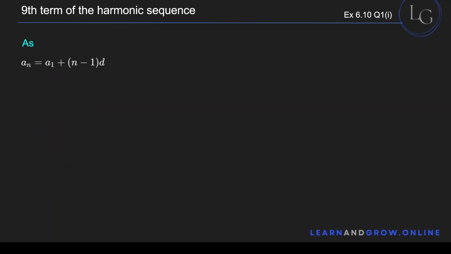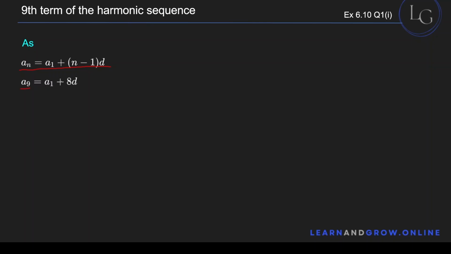So what you'll do is you must find an. The formula to find an is equal to a1 plus n minus 1 into d. So we have to find a9, the ninth term.